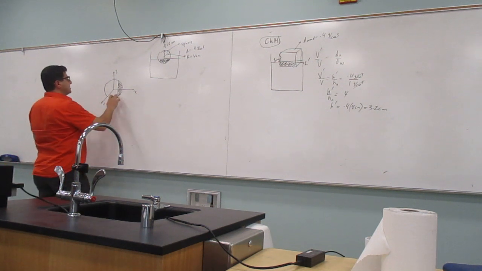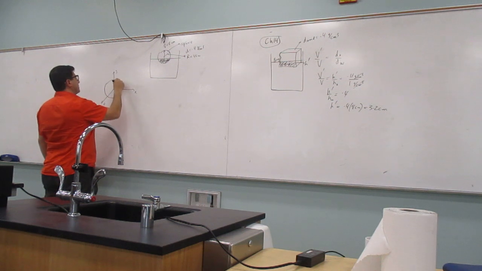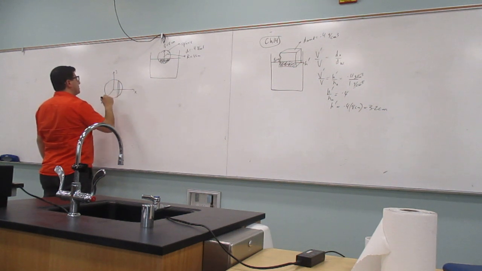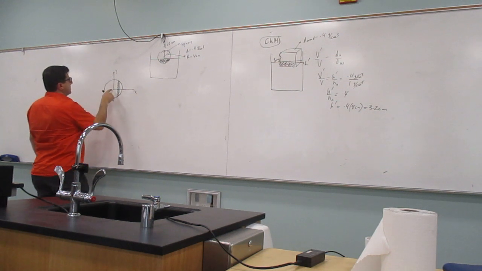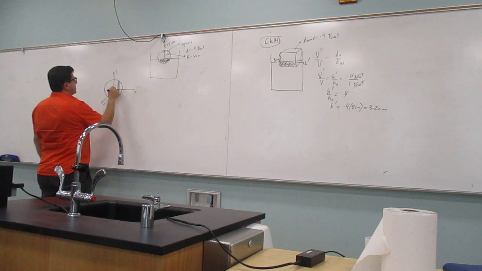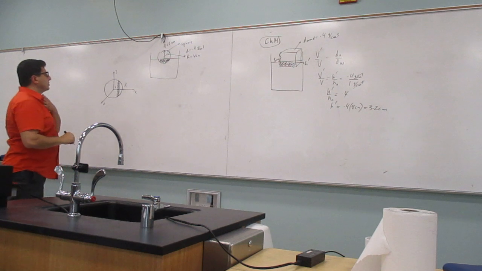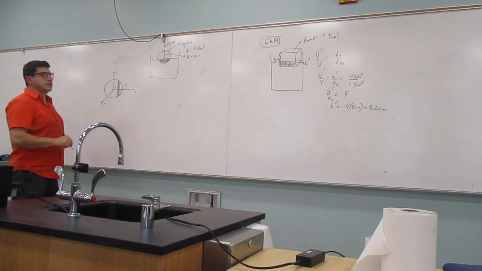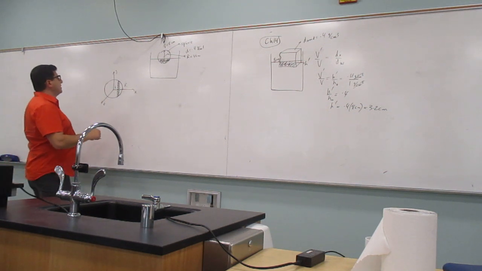So slice off the sphere into a small slice, and say, what's the volume of that? Then we can integrate that, let's say from here to here is h, and the total radius is r. Integrate that from h to r, and come up with an equation for the volume of that portion of a sphere.